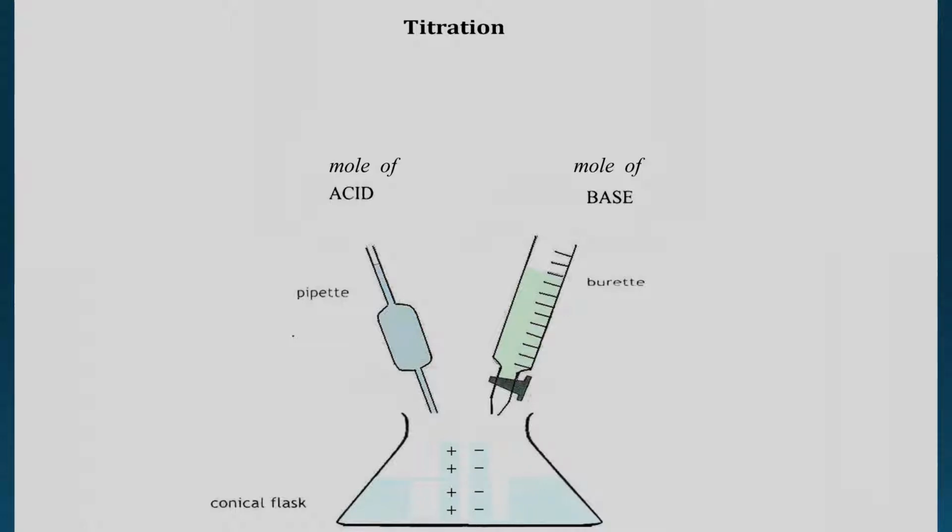If we look at the number of moles of acid molecule, this number of moles of acid molecule should balance to the number of moles of base molecule. Repeat, the number of moles of acid molecule should balance to the number of moles of base molecule. And we're using this neutralization to do the calculation.